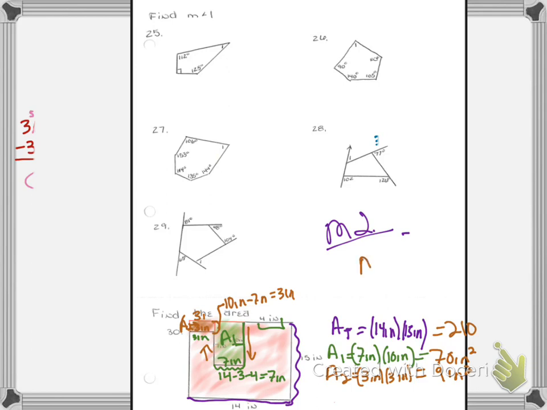So in this method, you do your area total minus area 1 minus area 2 equals the area of our figure. So that's going to be 210 minus 70 minus 9, which brings you that same number of 131 inches squared. So again, when we're talking about area, it always has to have the inches squared, or it has to have a squared unit.